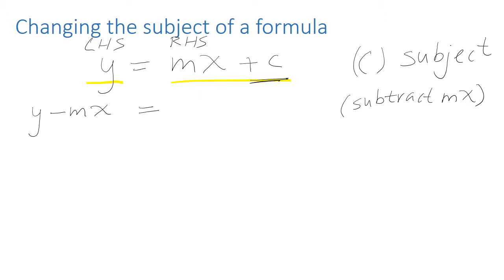On the right-hand side, you've just got c left. So we can rewrite this equation to have c equals y minus mx. And so now you can see that c is the subject of the equation, the formula.